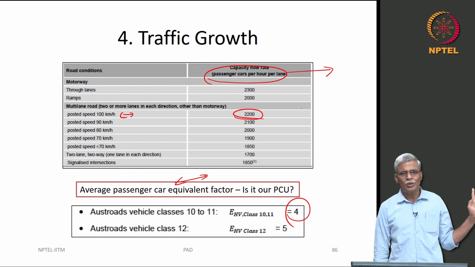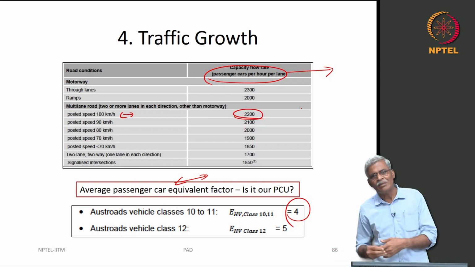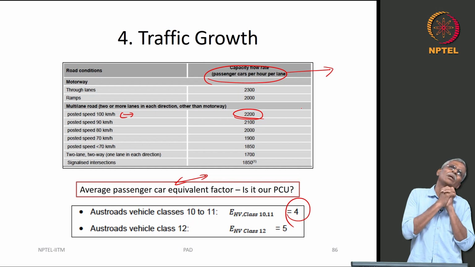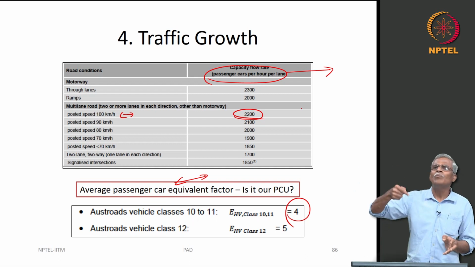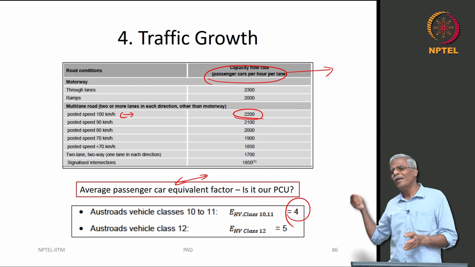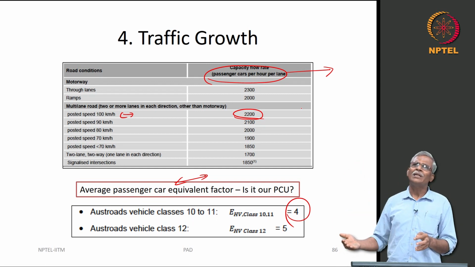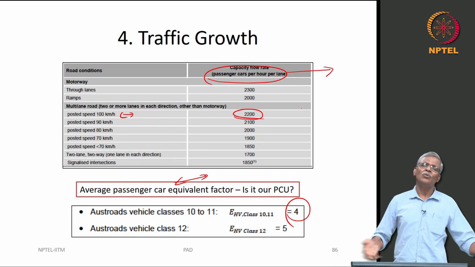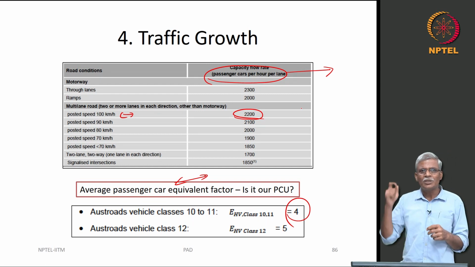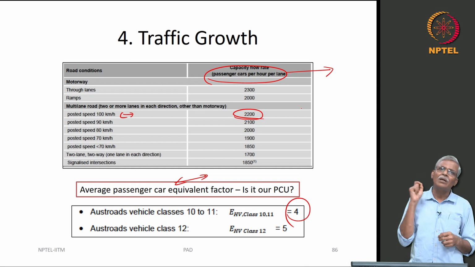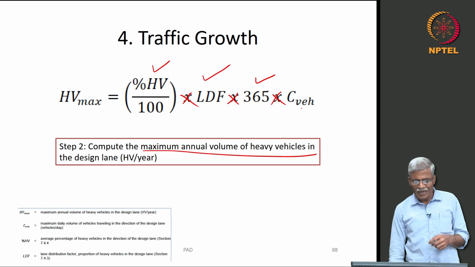If you take this 2300 and use your heavy vehicle factor, you might come back and say that the axle load computations I have made, based on some growth factor that I have assumed, might result in a flow condition which will be more than the capacity of what the road can take. When we do our axle load computations, this particular aspect is not really emphasized, and this is where we emphasize it here as far as Austroads is concerned.